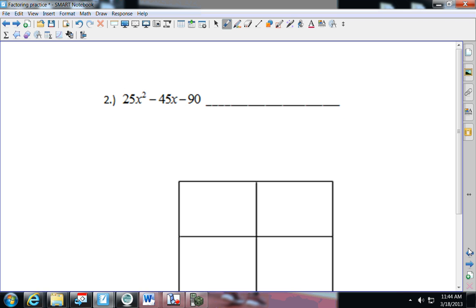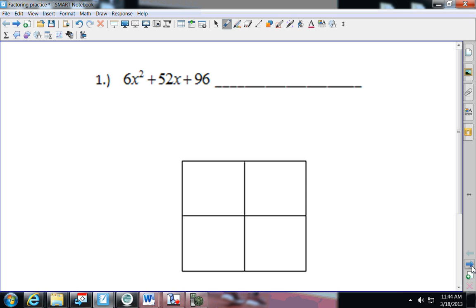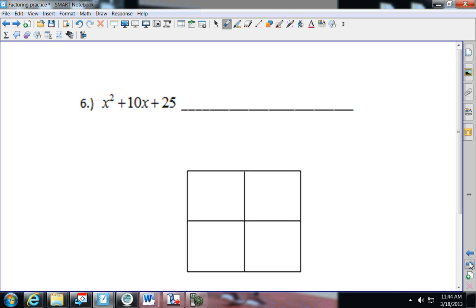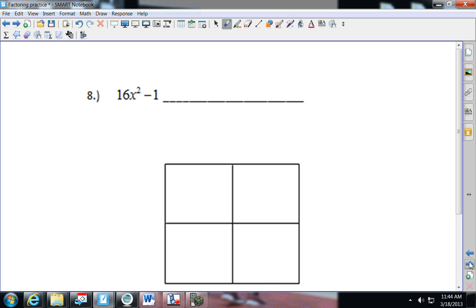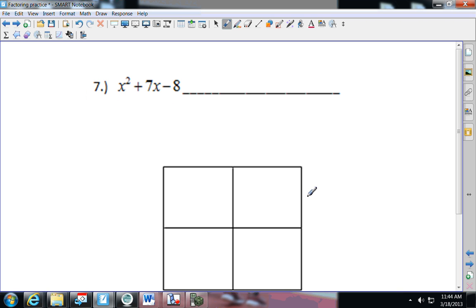All right. Let's go back up here. Or no, I don't want to go that far. Let's go back. Okay. Look right here on number 8. Number 8, how is it different than number 7?